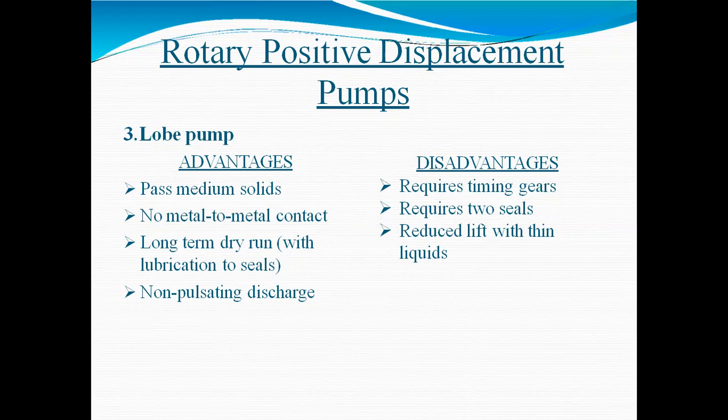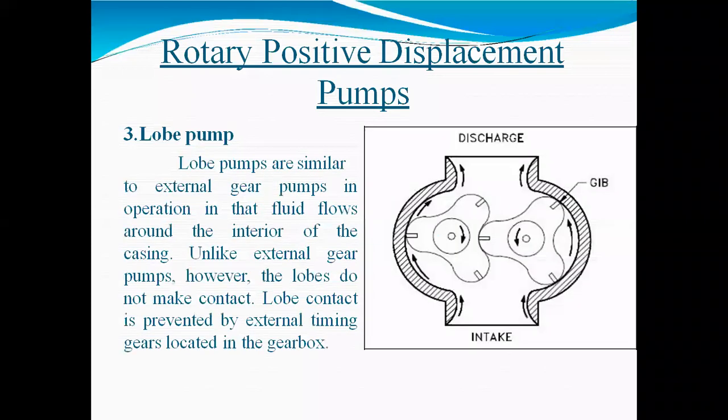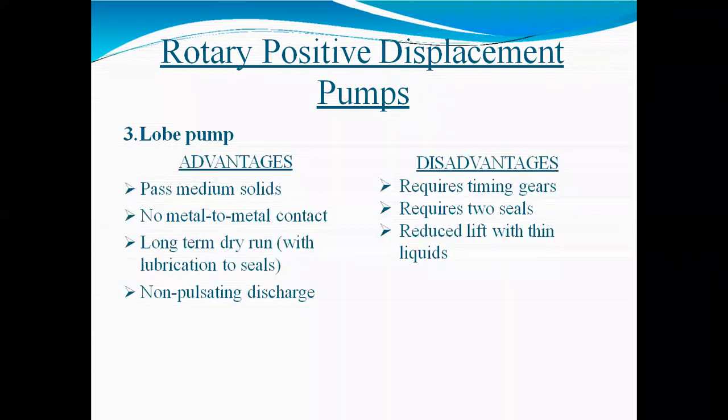Again, it requires timing gear. To change the RPM of your pump, we require timing gear. Then sealing is required. In this portion, proper sealing is required to avoid leakage of fluid from the discharge to the inlet port. Then it will reduce lift with a thin liquid.